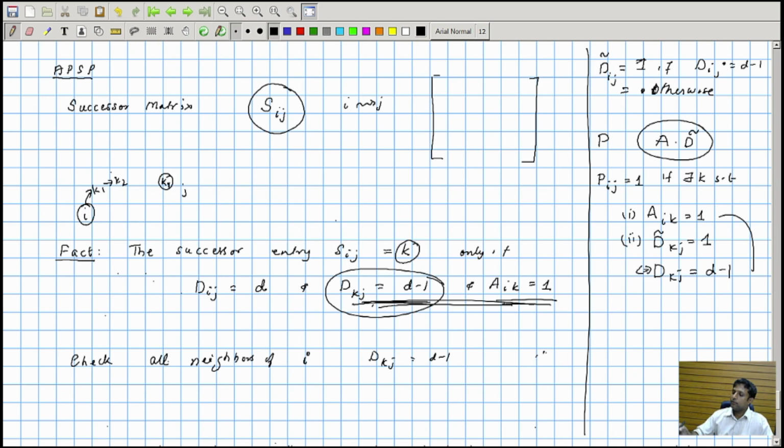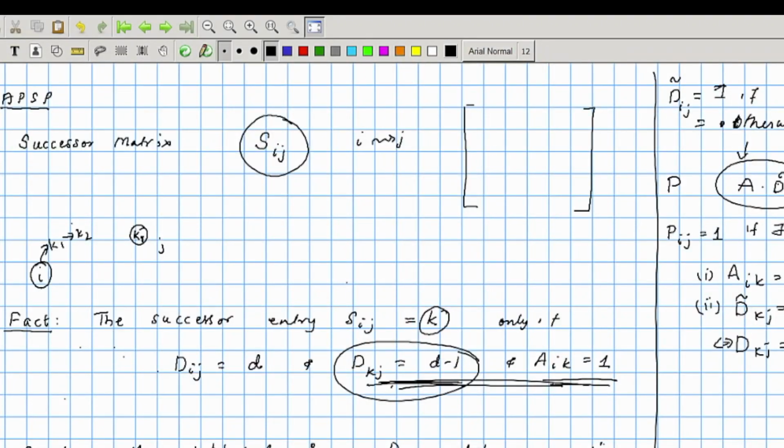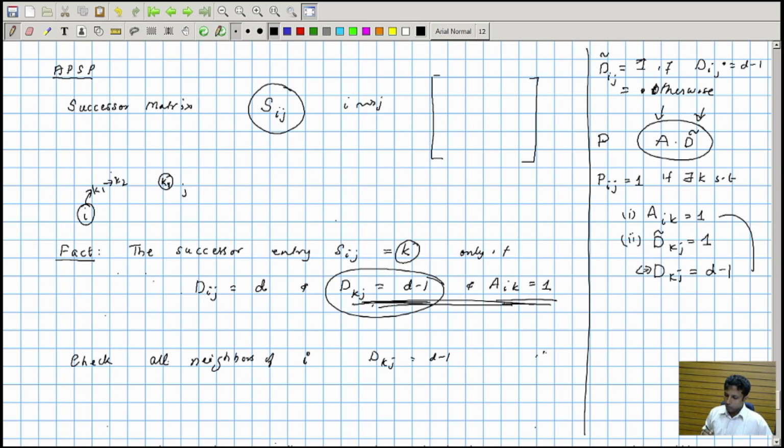So how do we check if P_ij equals 1? That's where we will use the witness matrix. We'll compute the witness matrix for A and d tilde. Once we compute the witness matrix for d tilde using our previous algorithm, we can completely figure out the successor matrix.